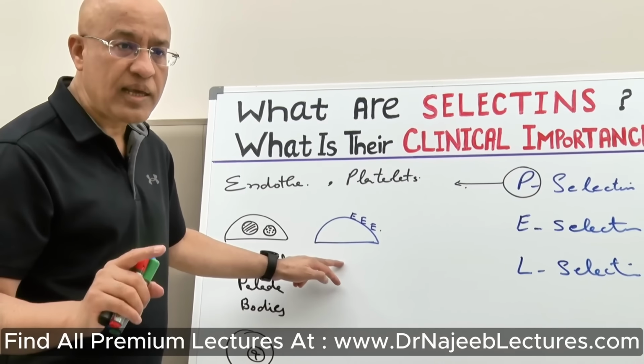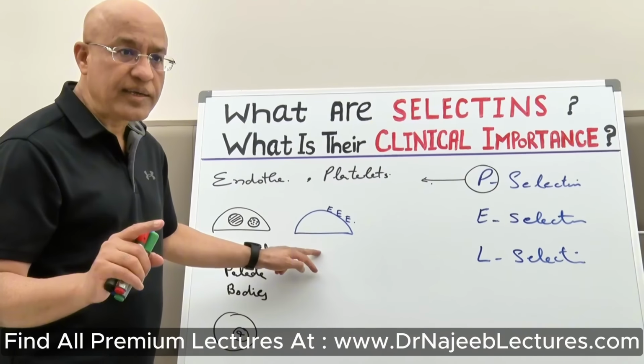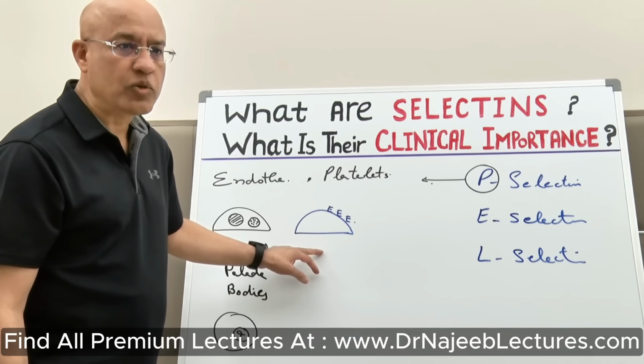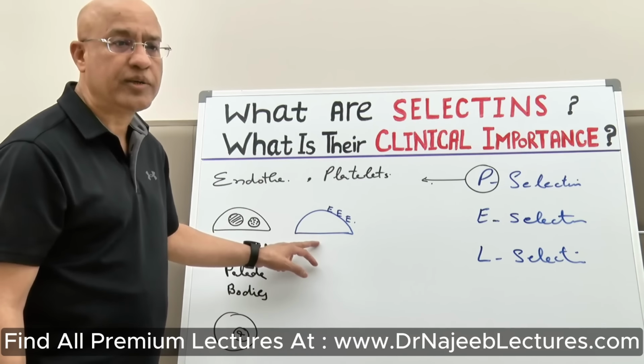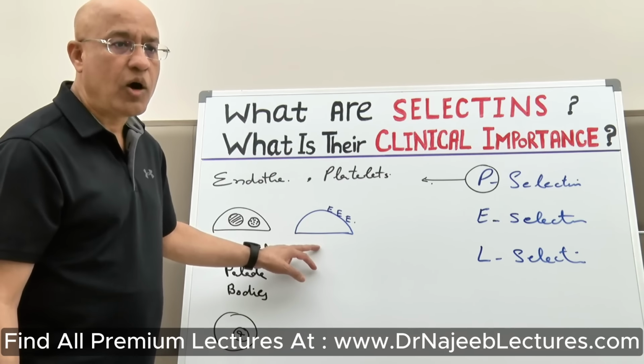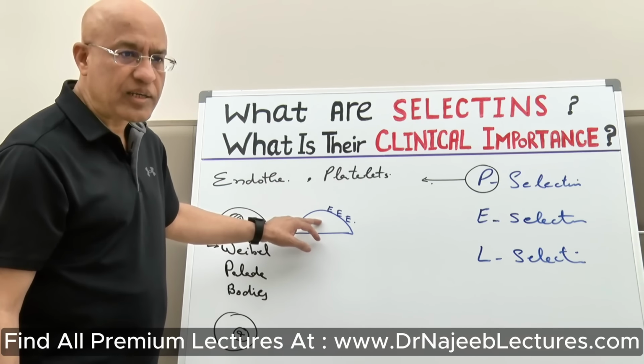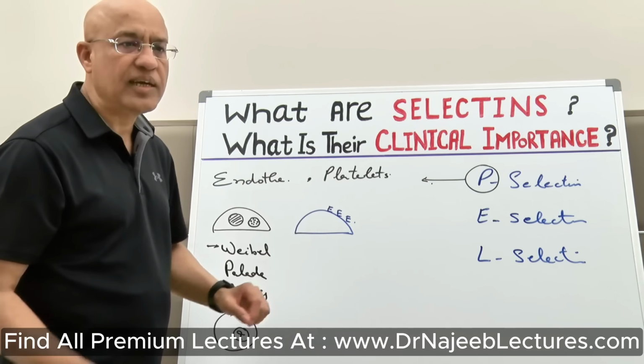They are only synthesized when endothelial cells are activated, especially when they are activated by interleukin 1 or tumor necrosis factor or other cytokines, and then they start expressing the E selectins.